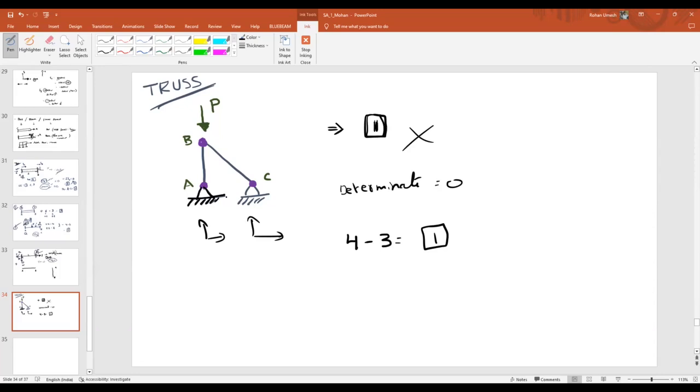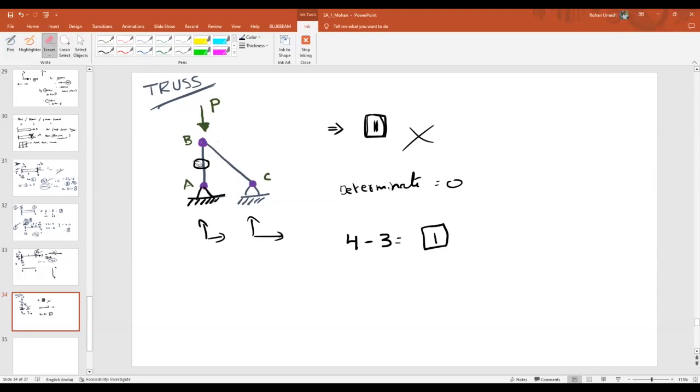Tell me how the load P is transferring to supports A and C. Forget about which member is carrying force. This load will transfer to the support A through the member AB. Similarly, this load is transferred to the support C through the member BC, isn't it?